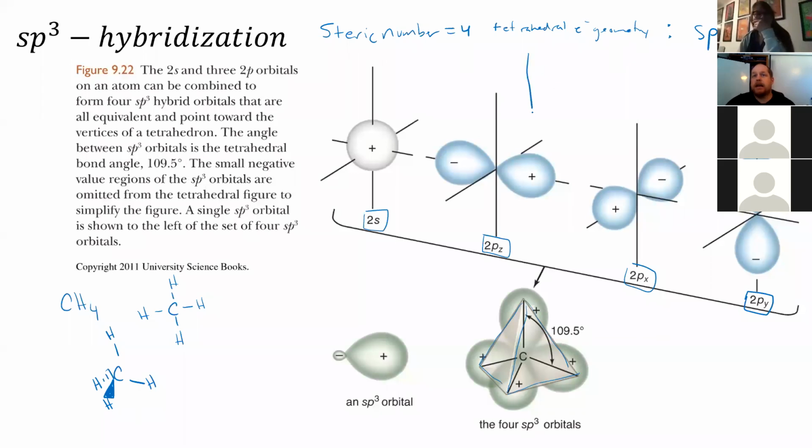So if you think about the energy of just the purely unhybridized atomic orbitals, if we have a carbon atom with just pure atomic orbitals, you could look at the energy levels of those pure atomic orbitals as having just the valence orbitals. We're only going to look at the valence ones. Those valence orbitals on the carbon are going to be the 2s, and then you have 3 2p orbitals.